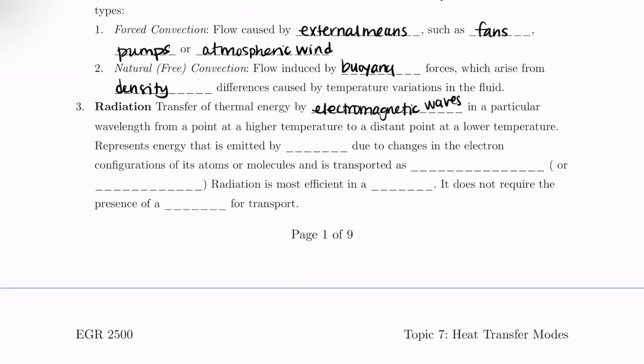This represents energy that is emitted by matter due to changes in electron configurations of its atoms or molecules, and it's transported as electromagnetic waves, or photons. Radiation is most efficient in a vacuum. And what that means is that it does not require the presence of a medium for transport.